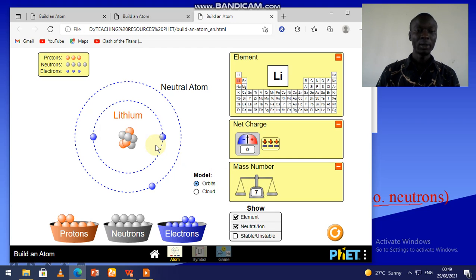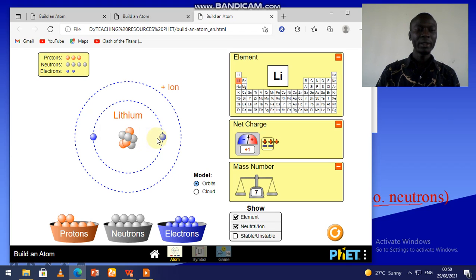Good? Great. Now, supposing this atom is going to lose 1 electron to become stable, because it has electronic configuration 2,1. So it becomes stable by losing 1 electron. Supposing it loses this 1 electron, I'm going to pick out this 1 electron and put it there. So it is now remaining with 2 electrons.